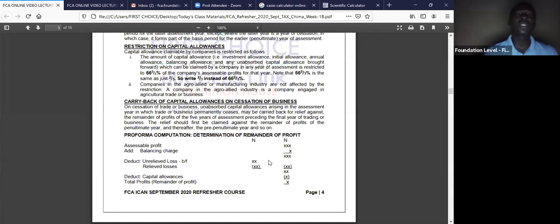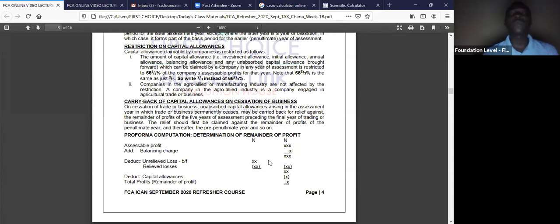When you claim 60,000 as your capital allowance, the remaining 30 is where they will charge your tax. Now, this restriction is applicable to every industry except those that are into manufacturing and those that are into agriculture.